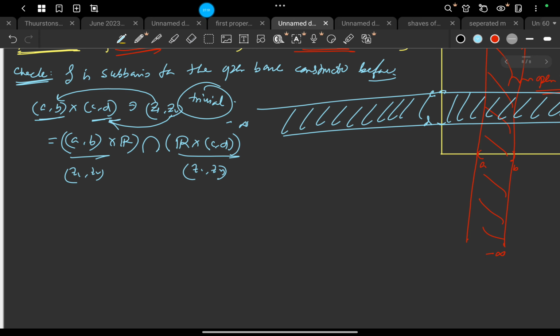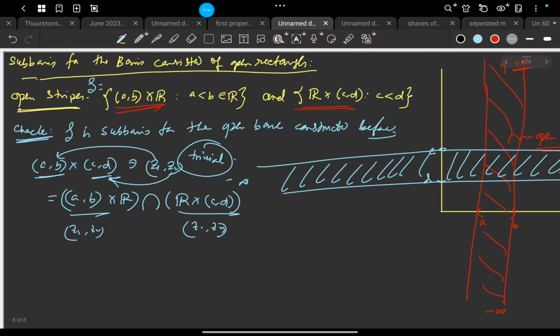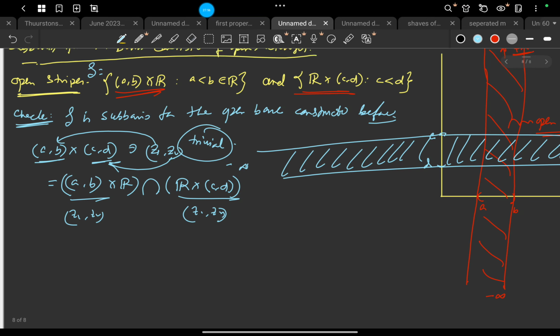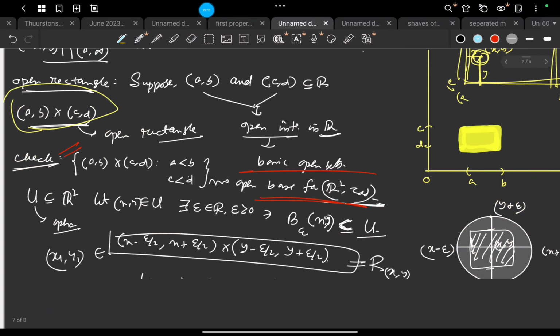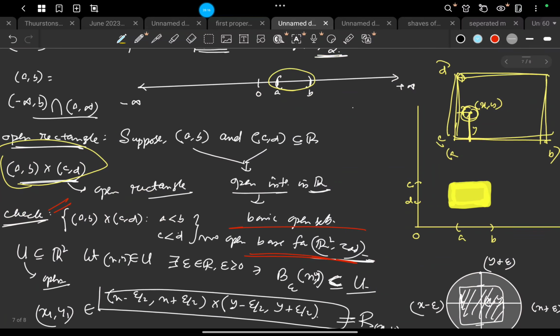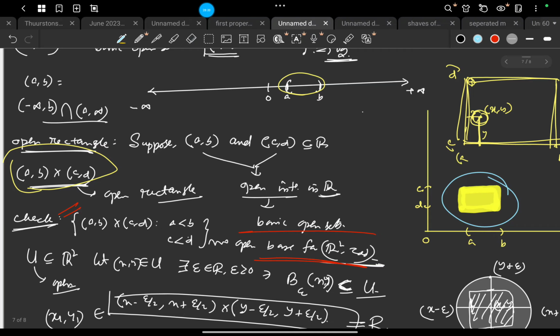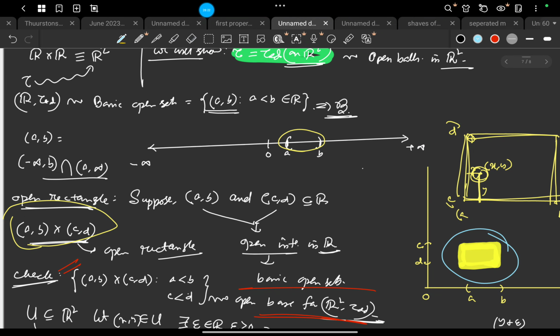Now you can easily check that if we have certain open stripes, let us go back in the opposite direction. First of all, if we define the open stripes, from these open stripes we can construct the open rectangles of this form, and once we construct the open rectangles we could define the normal Euclidean topology on R2.